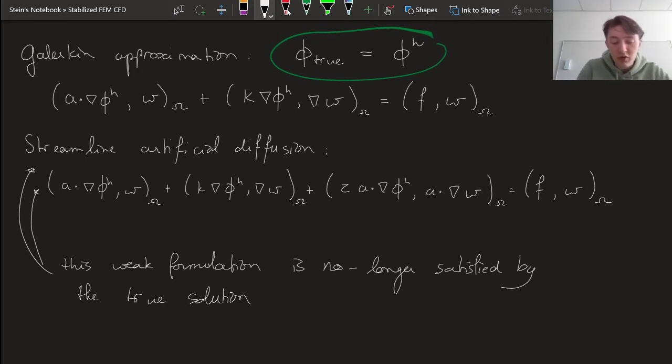So if I were to substitute phi true in here and in here and in here, then this is still satisfied, but this is not satisfied. And that is what we call variational inconsistency.